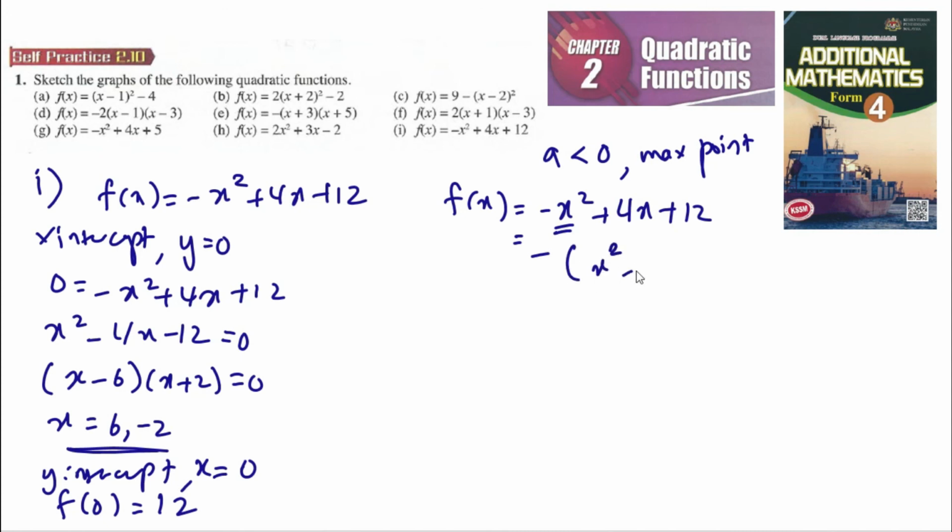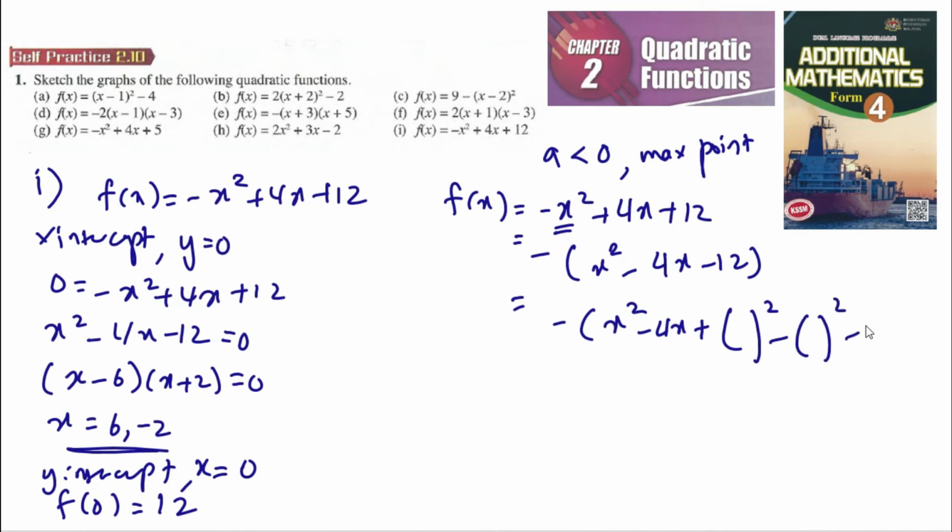So negative (x squared minus 4x minus 12) is equal to negative (x squared minus 4x plus, we open bracket squared, we minus bracket squared, we minus 12). So in the bracket should be the coefficient of x divided by 2, which is negative 4 divided by 2, which is negative 2. So we take the first and third terms.